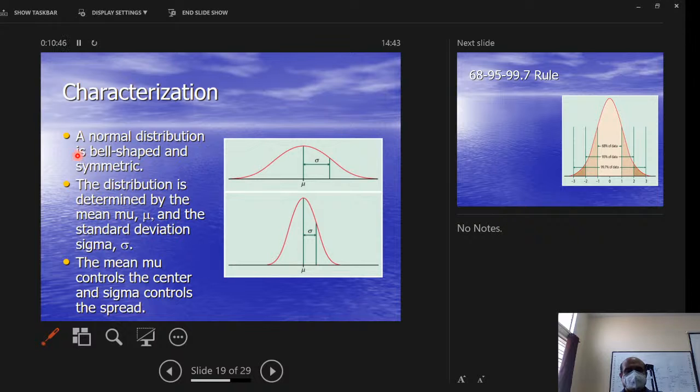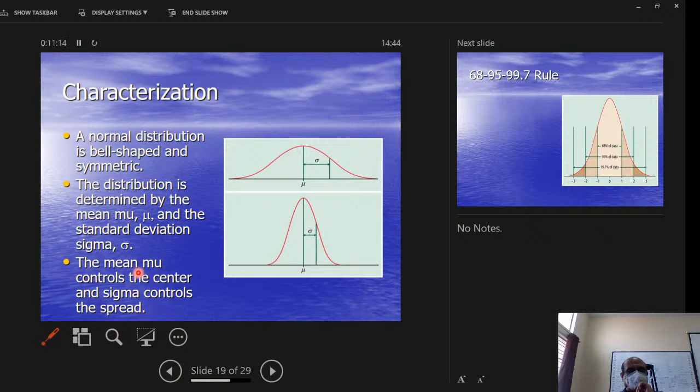Now, characteristics of the normal distribution curve: a normal distribution curve is a bell-shaped curve and it is symmetric. The distribution is determined by the mean, which is symbolized like this, and the standard deviation sigma, which is described like this.